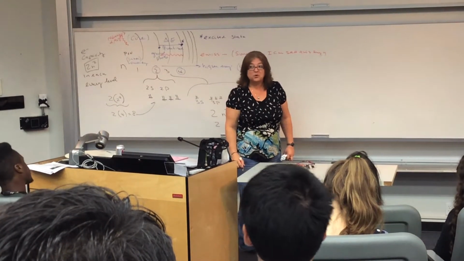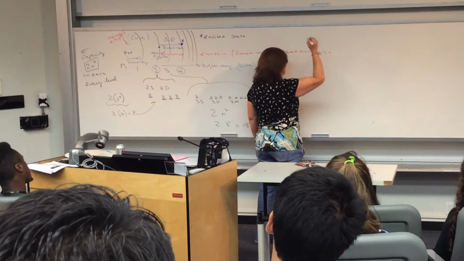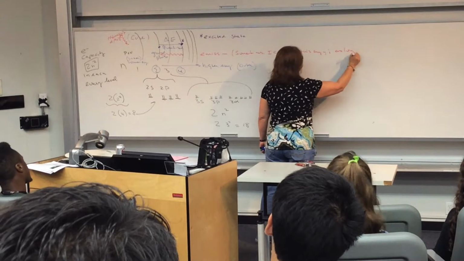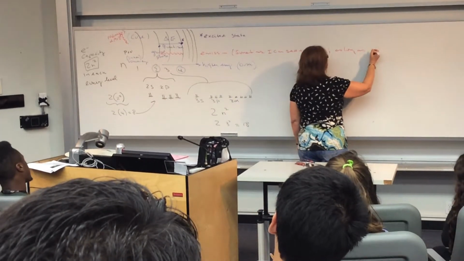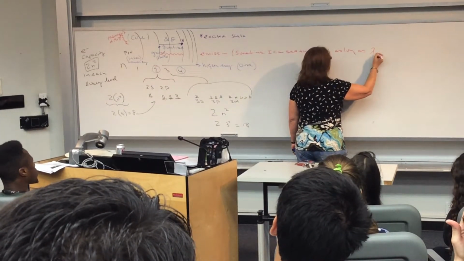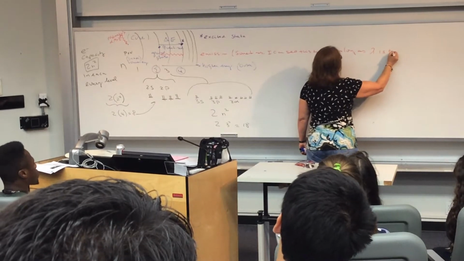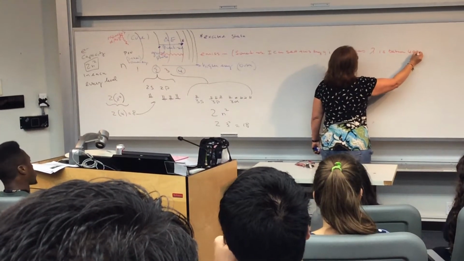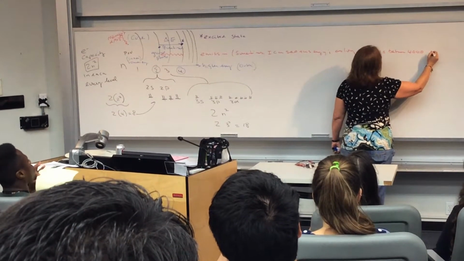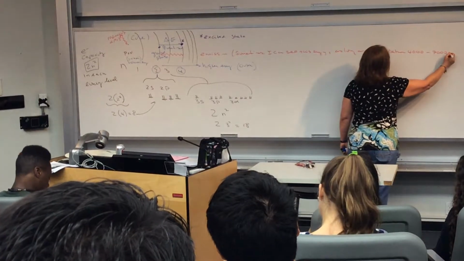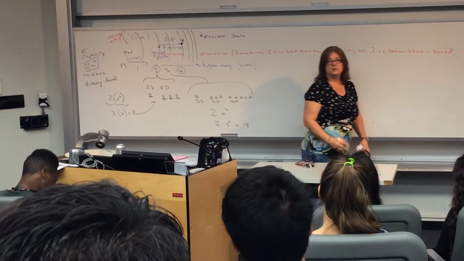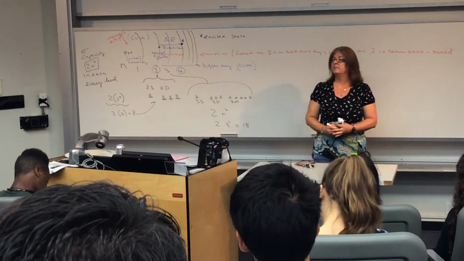When can you see a radiation? As long as its wavelength is between 4,000 to 7,000 angstroms. That's right.